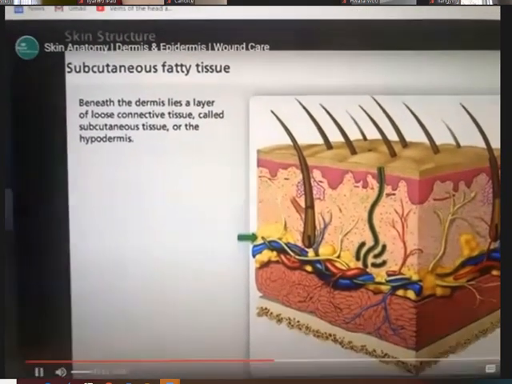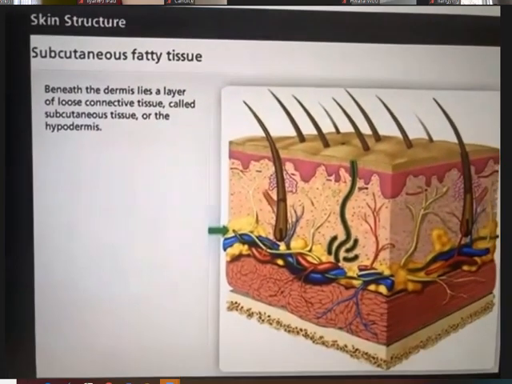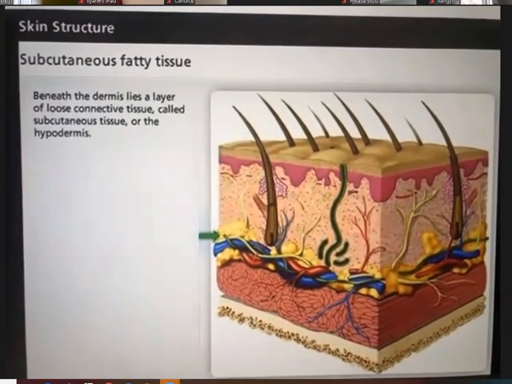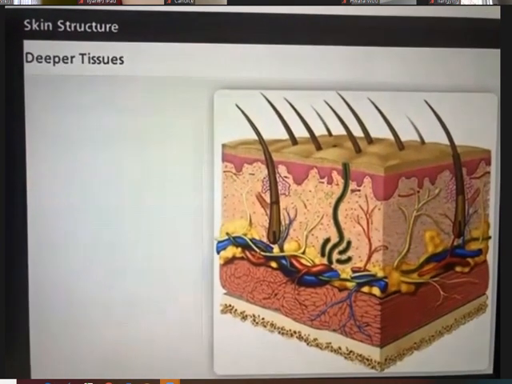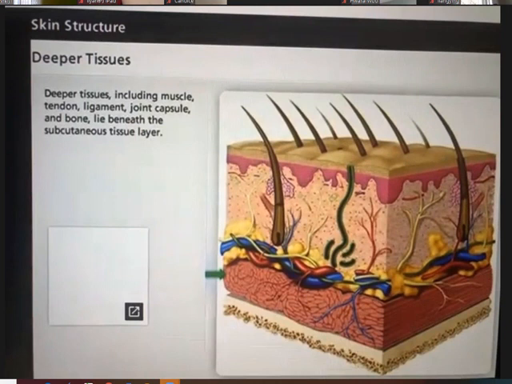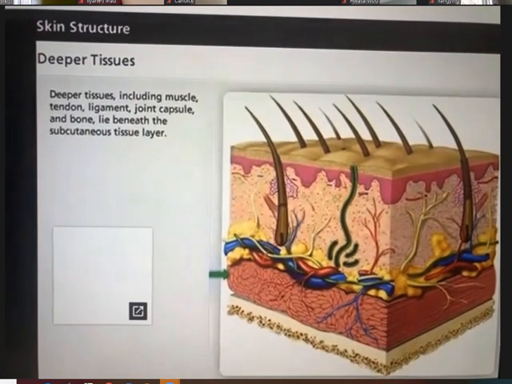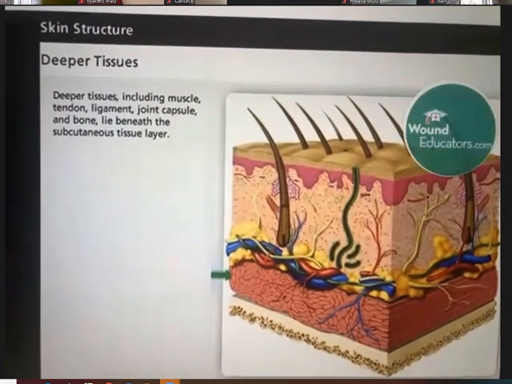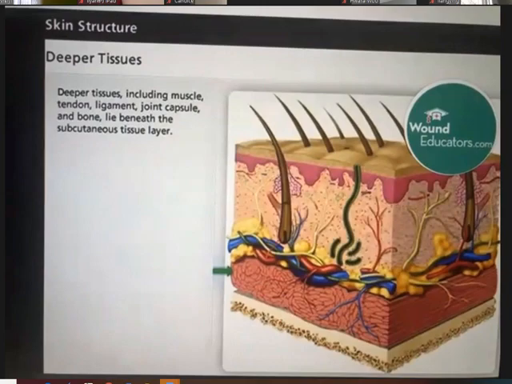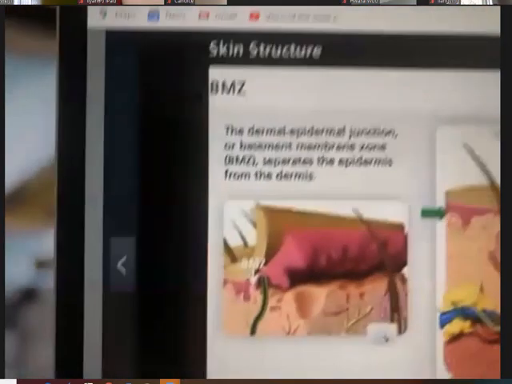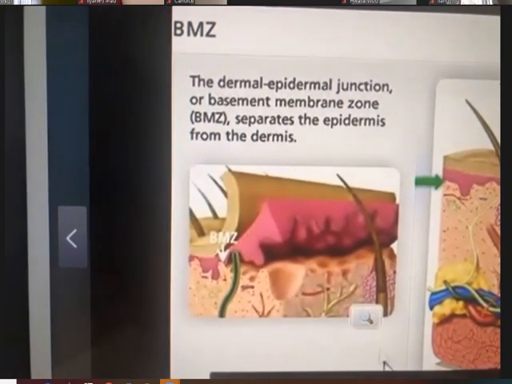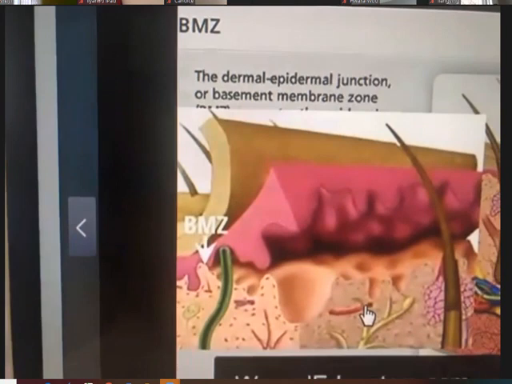Beneath the dermis lies a layer of loose connective tissue called subcutaneous tissue or the hypodermis. Deeper tissues, including muscle, tendon, ligament, joint capsule, and bone, lie beneath the subcutaneous tissue layer. The dermal epidermal junction or basement membrane zone separates the epidermis from the dermis.